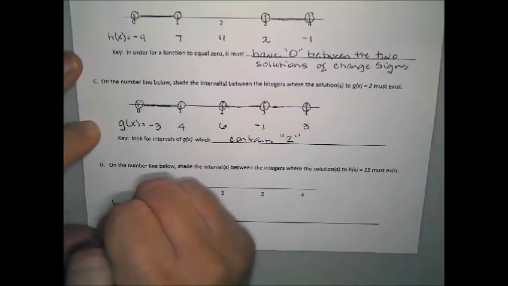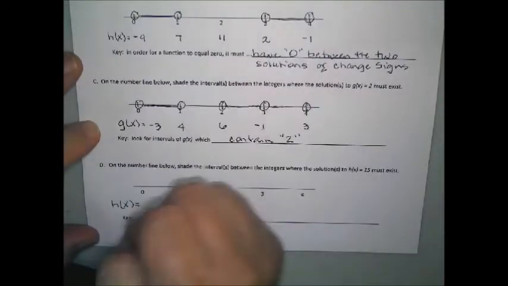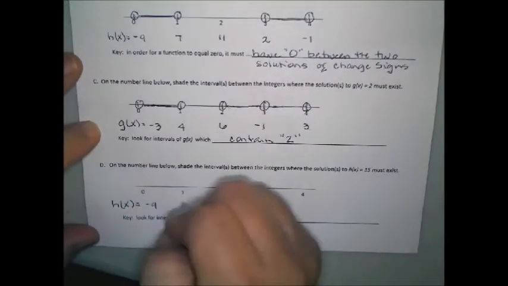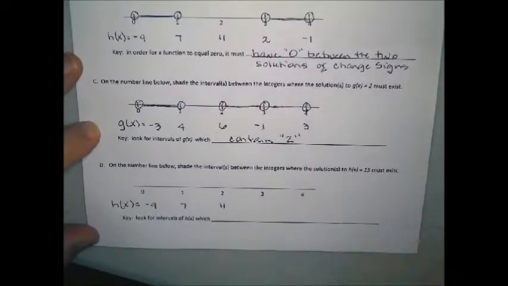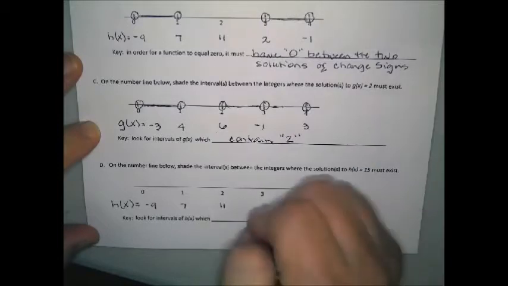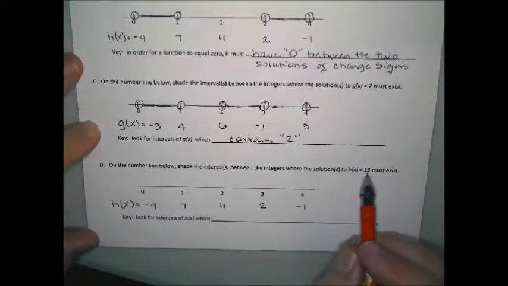So we're back to h of x again. At 0, the chart tells us negative 9. At 1, it's 7. At 2, it's 11. At 3, it's 2. And at 4, it's negative 1. Look for intervals which contain the value of 15.